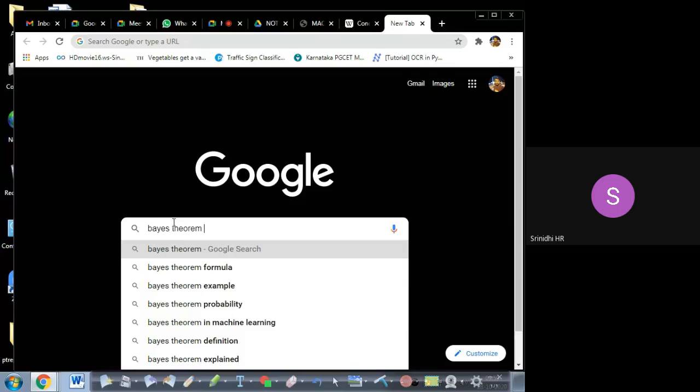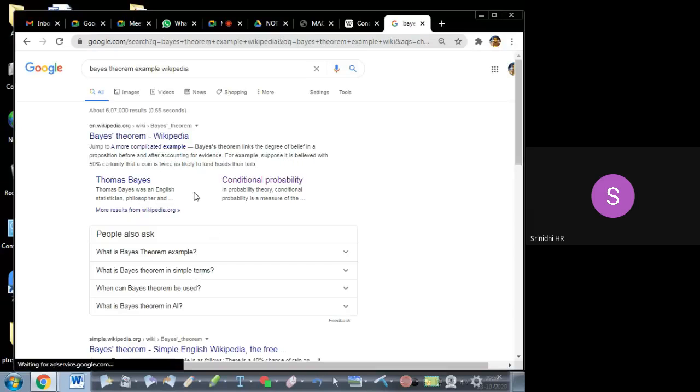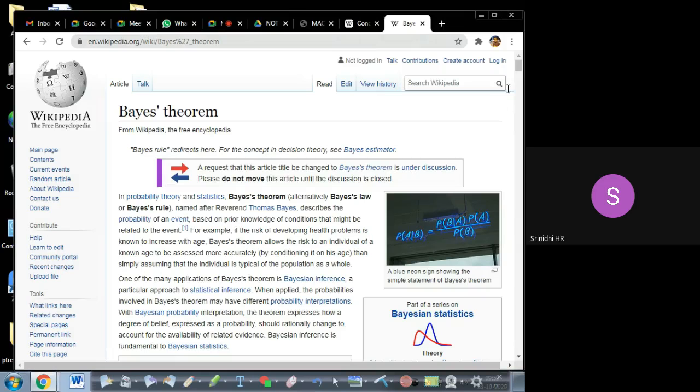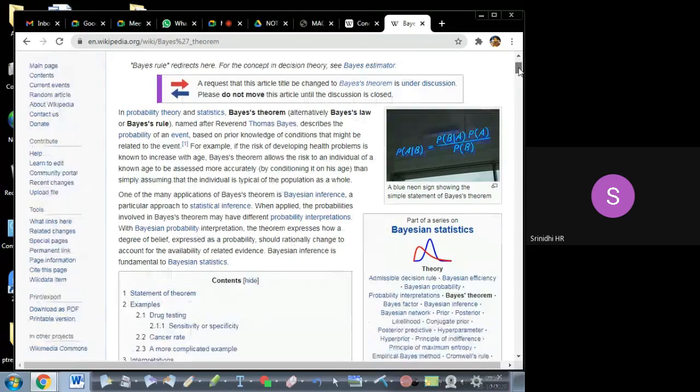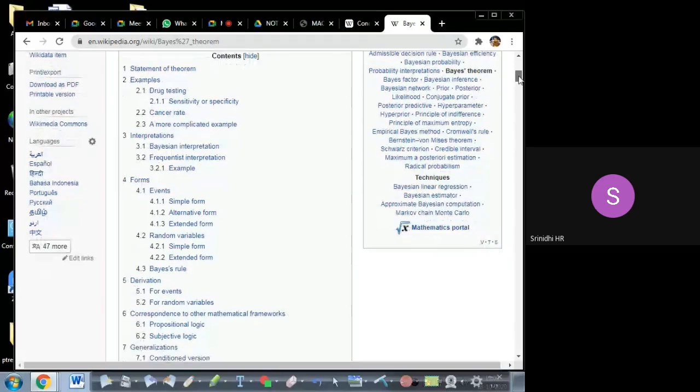Wikipedia is one of the beautiful websites where you can find many examples for Bayes theorem, from a statistics point of view, from a machine learning point of view, or anything.